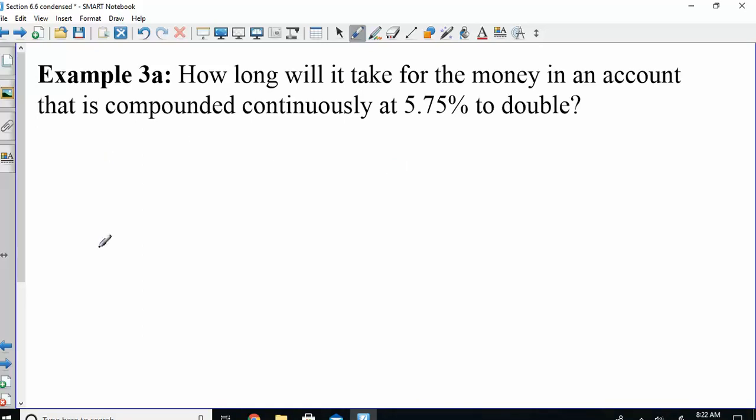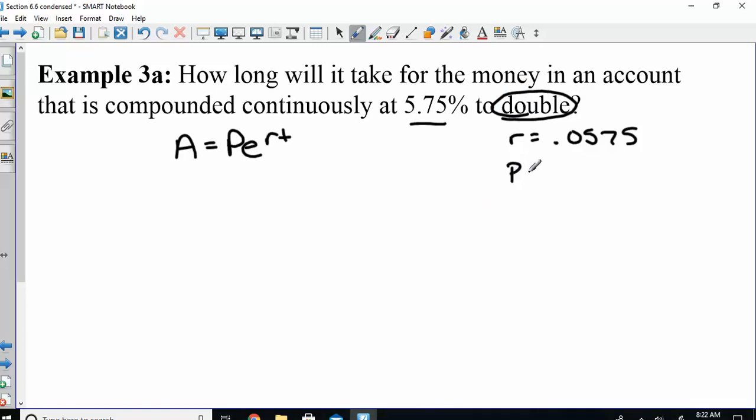When it's continuous interest, which formula do you use? Okay, the 5.75%, what is that? The rate. Remember, you always move the decimal back 2 places, so the r is 0.0575.